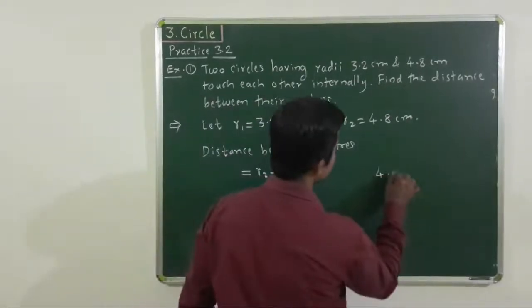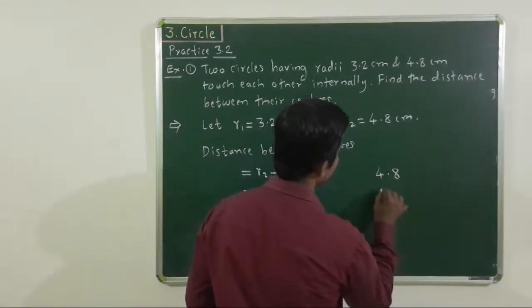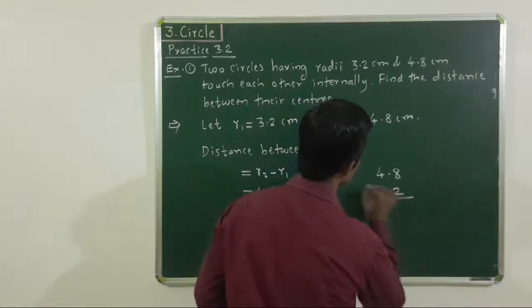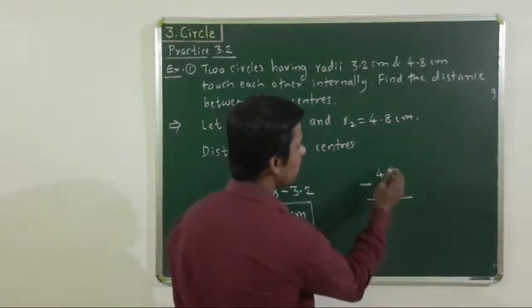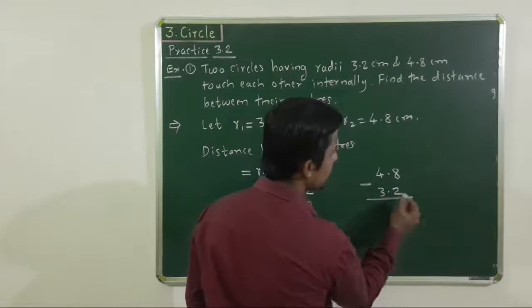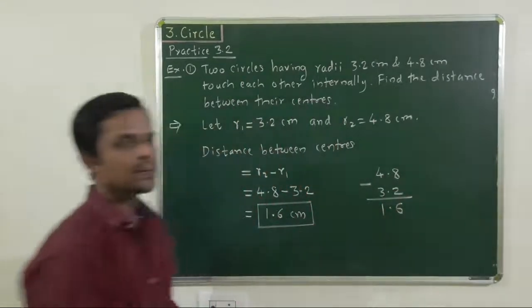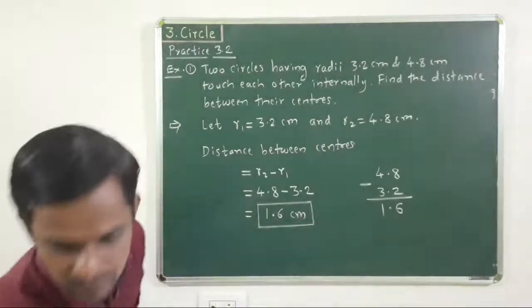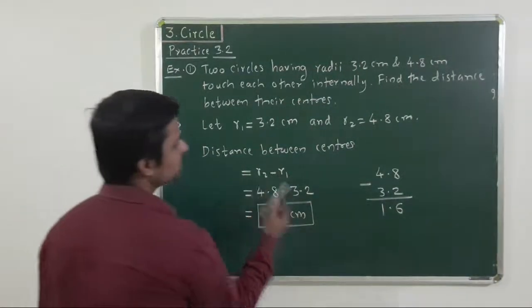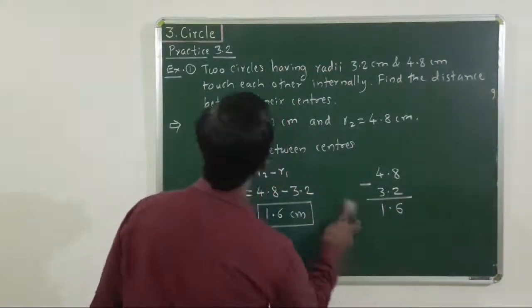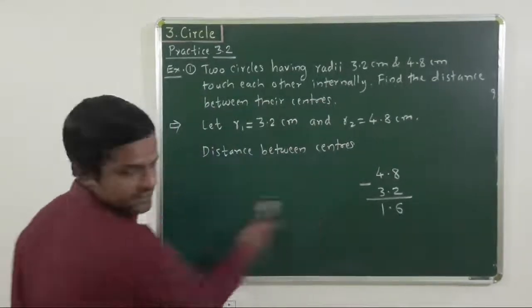You can do the subtraction like this: 4.8 minus 3.2, point below point, 8 minus 2, 6, 4 minus 3, 1. That is 1.6 centimeter. No need to take screenshot, you can solve on your own. We will move towards the second example.